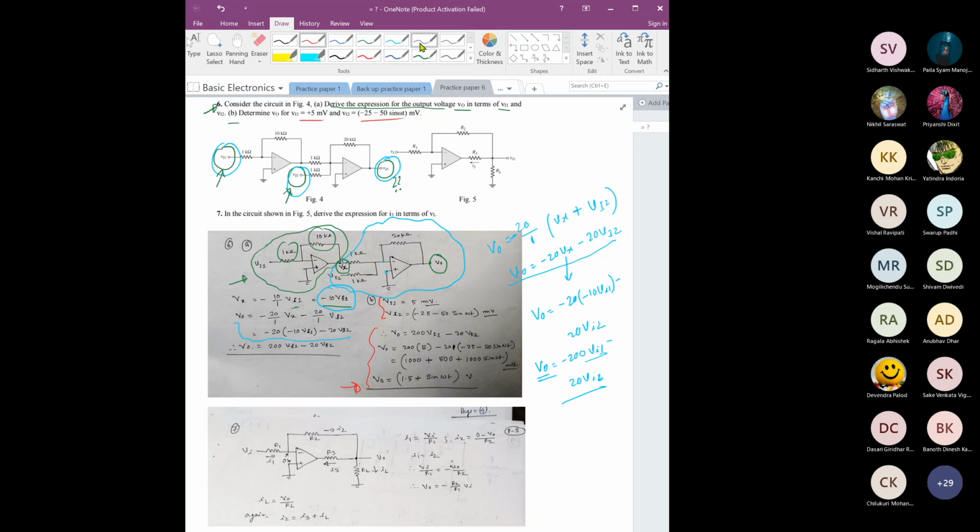Sir, in the second part, isn't it an adder? Yes, it is. So, sir, V0 will be the resultant of this Vx and Vi2. Yes, that's what we have done here.